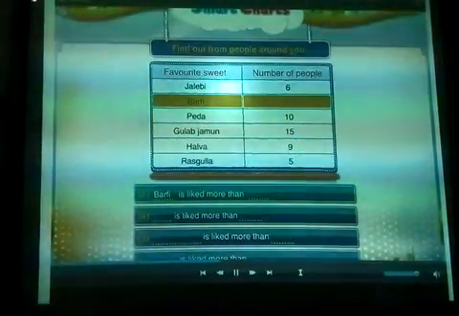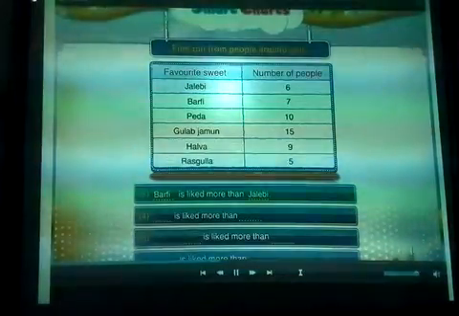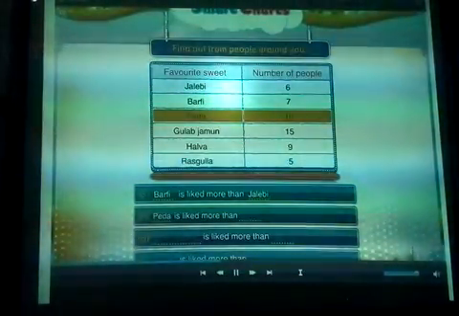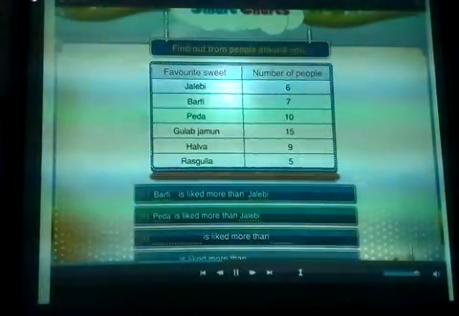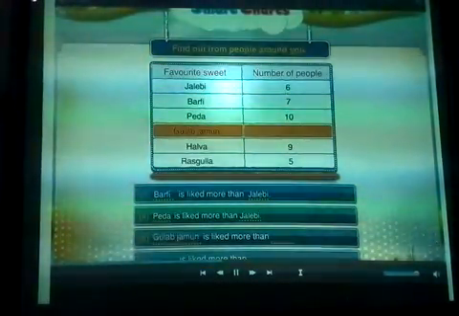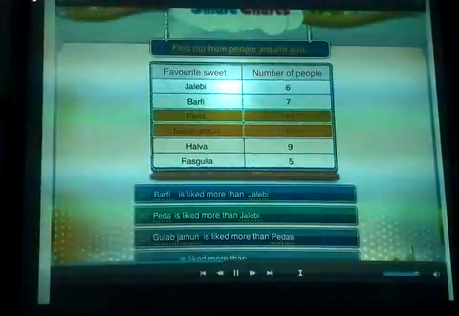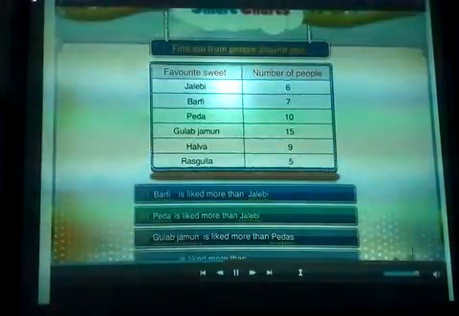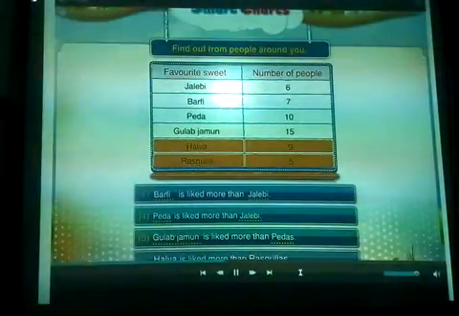Barfi is liked more than jalebi. 4. Peda is liked more than jalebi. 5. Gulab jamun is liked more than pedas. 6. Halwa is liked more than rasgullas.